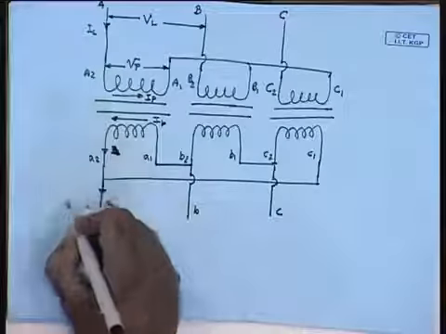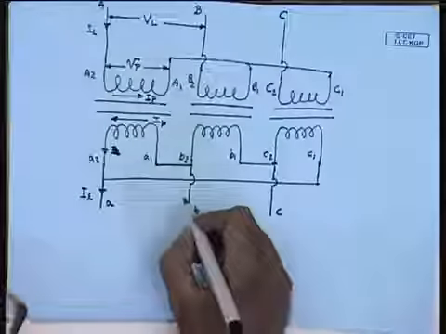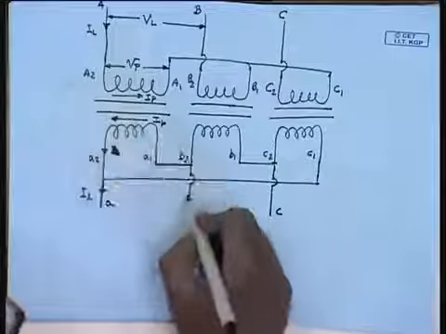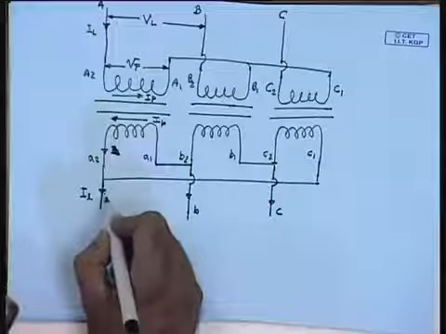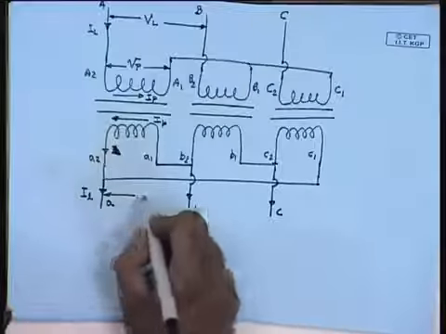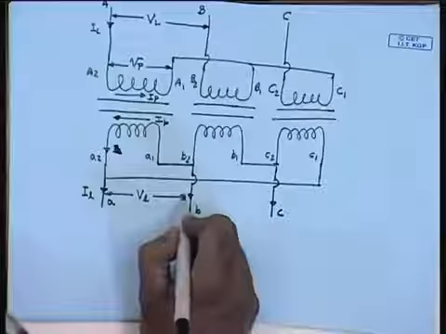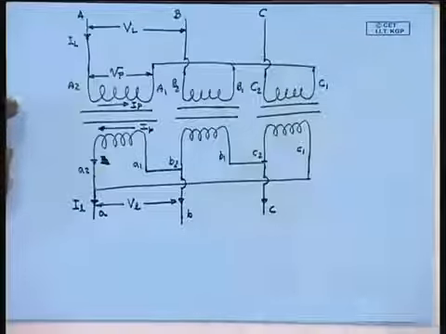This is the low voltage line current I small l, and this is the low voltage side line voltage V small l. This is called star delta connection.